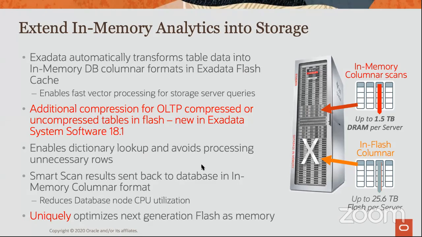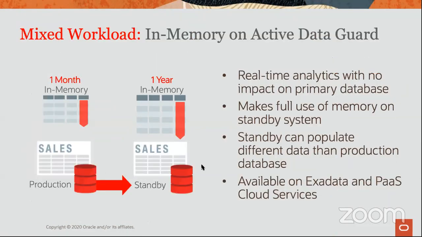And once you've enabled Database In-Memory on an Exadata database, we automatically can use Flash to populate objects that have been smart scanned into Database In-Memory columnar format on Flash, and we'll do that for any objects that aren't already populated in the column store. So that gives you now a much larger columnar footprint to manage your analytic processing on your applications if you're, again, running Exadata.